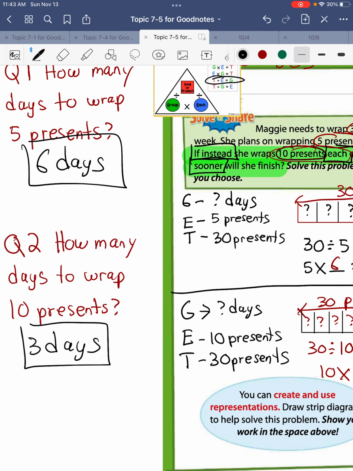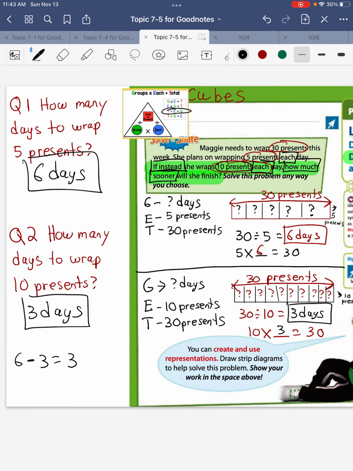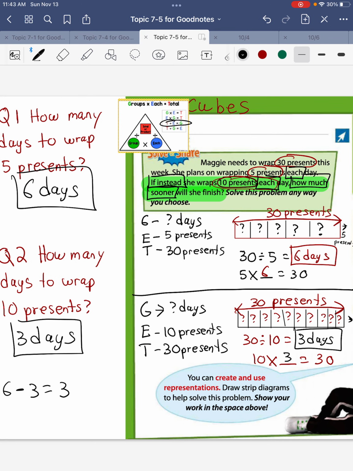I'm going to do my 6 days minus my 3 days. 6 minus 3 is 3. So if she wraps 10 presents each day instead of 5, she will finish 3 days sooner. This is my final answer.